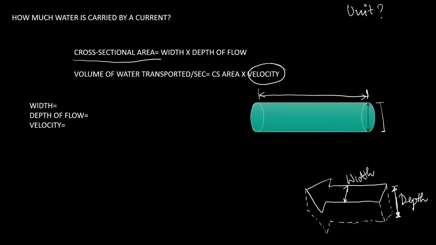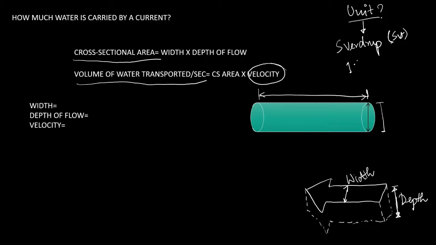So the unit to measure the volume of water transported by an ocean current per second is called the Sverdrup, also written as SV. Sverdrup was an oceanographer, and in his honor, this unit is given. Sverdrup, SV.